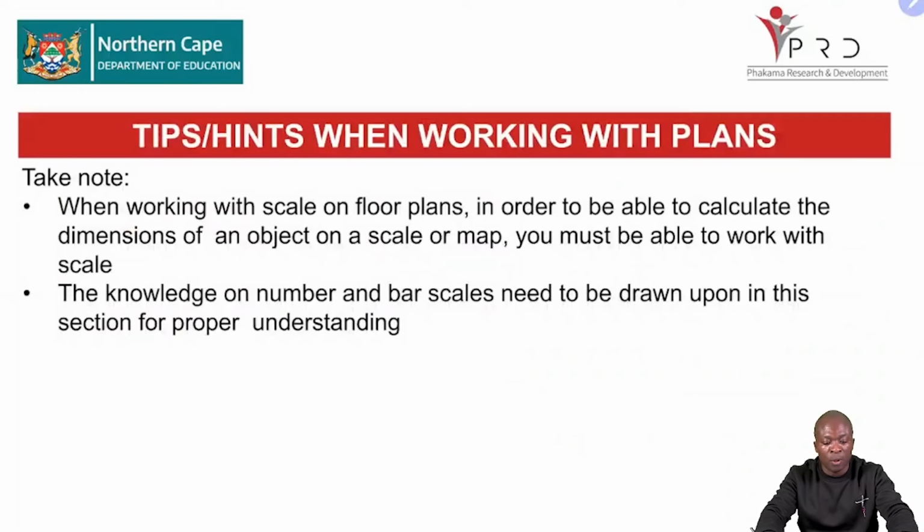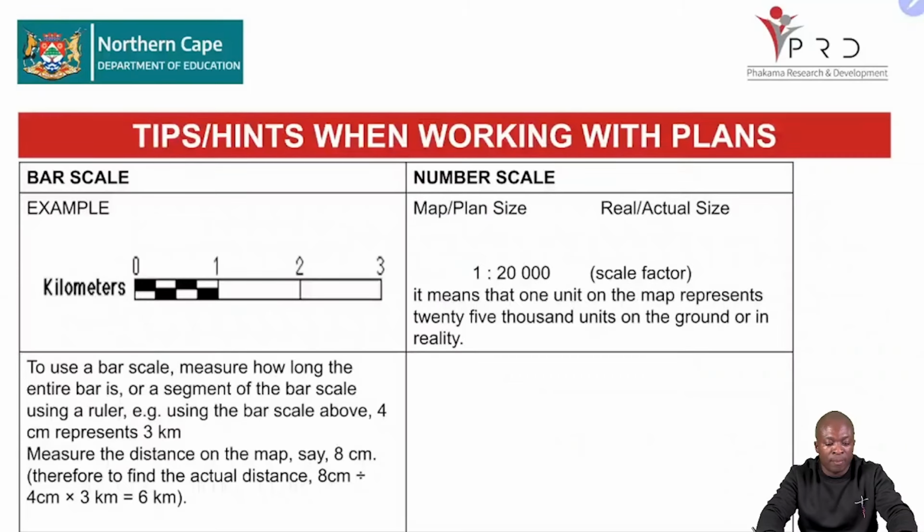Take note, when working with a scale on floor plans, in order to be able to calculate the dimensions of an object on a scale or map, you must be able to work with the scale. The knowledge on number and bar scales needed to be drawn upon in this section is very vital for proper understanding. So let's look at what I am showing you now.